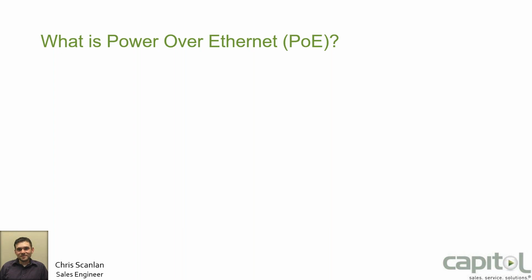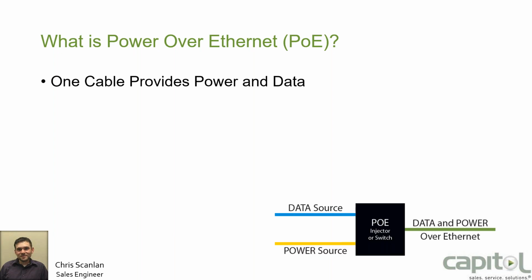Now, PoE. Most of you have heard PoE in the past. If you're doing cameras, if you're doing access points, there are so many devices that use PoE. But what is it? PoE is power and data on one cable. Over one Cat5, it's supplying power to the device as well as data.